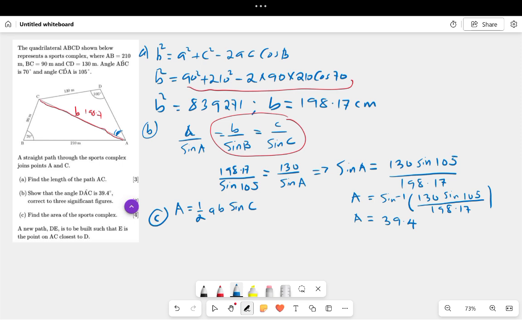All right, now in this case, a and b are supposed to be the lengths of the sides that lie between the angle. So the area, therefore, is going to be 1 over 2 times 90 times 210 sine 70. Plugging this into the calculator, our answer is actually 8,880.